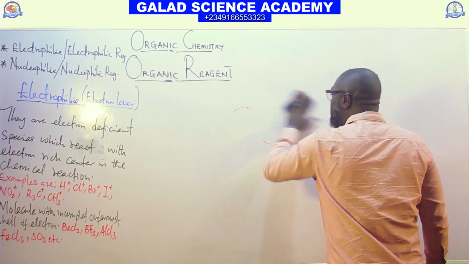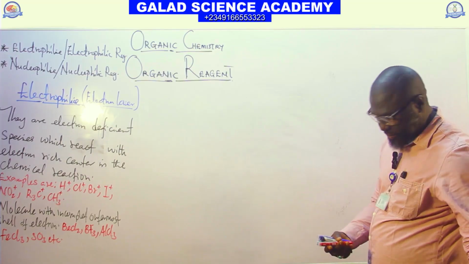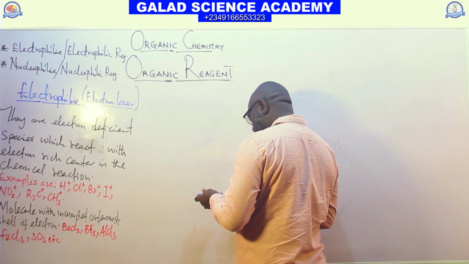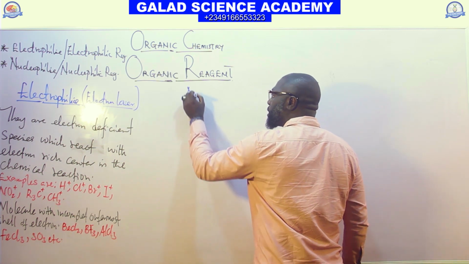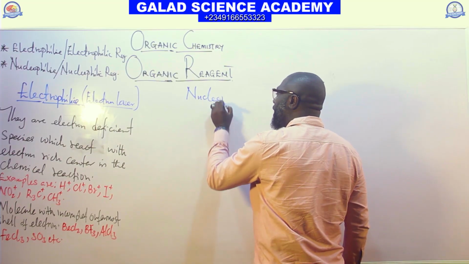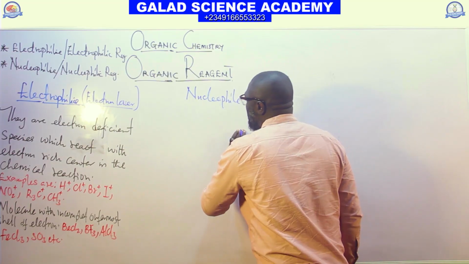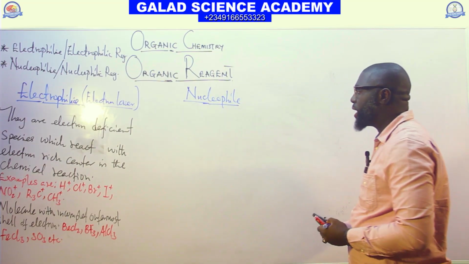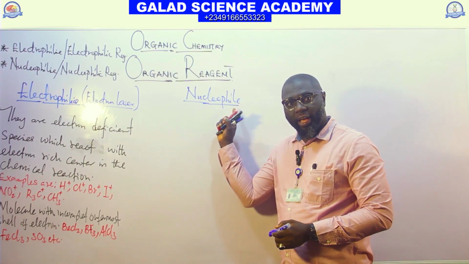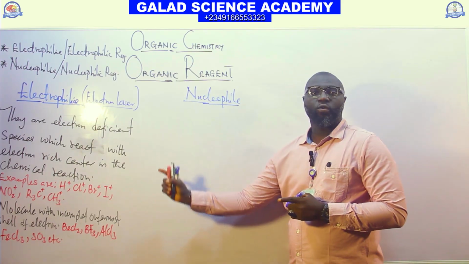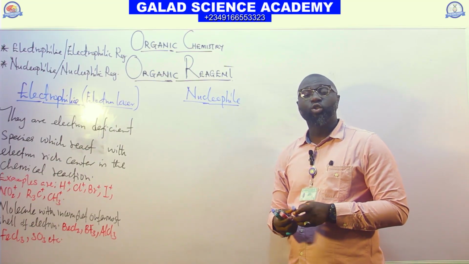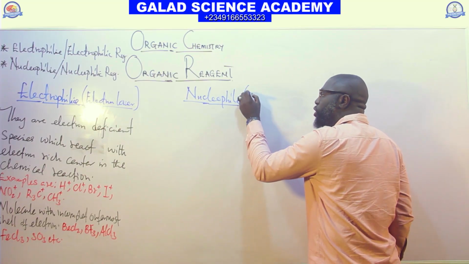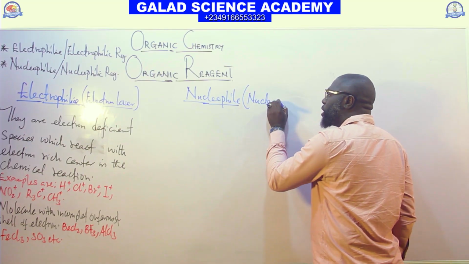The next one is nucleophile. What are the nucleophiles? Look at the name. Nucleophile: the phile simply means love, and nucleus simply means nucleus. So we can also call this a nucleus lover.